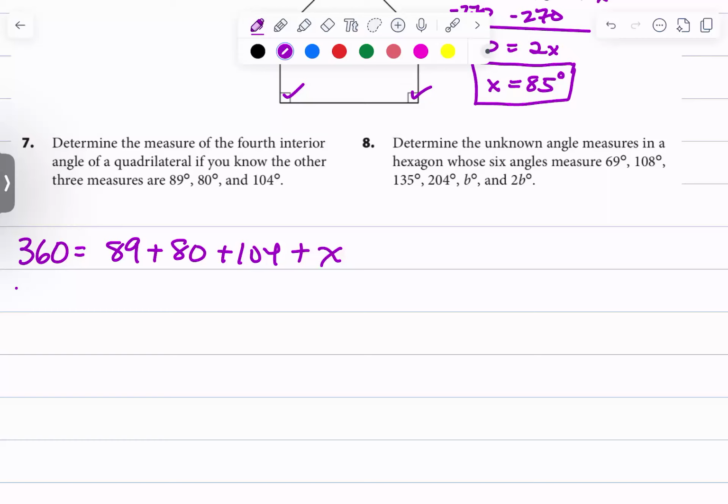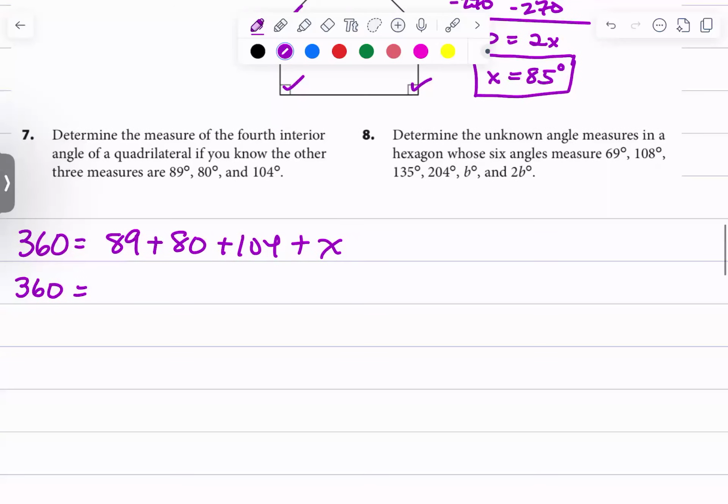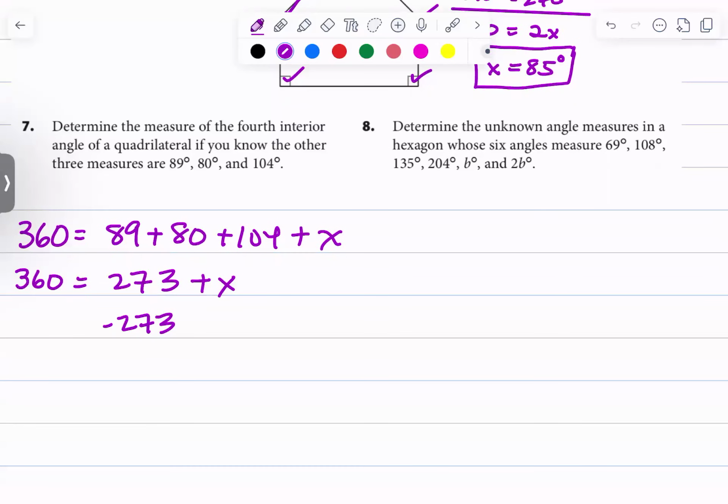So if you do this math, 360 equals 273 plus x, subtract 273. We get, what do we get? 87 equals x, right?